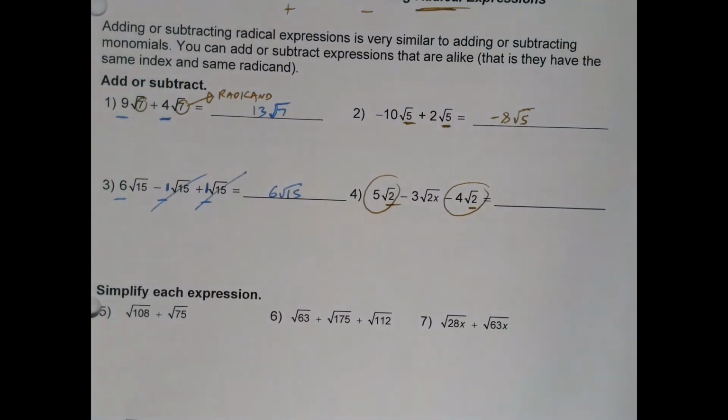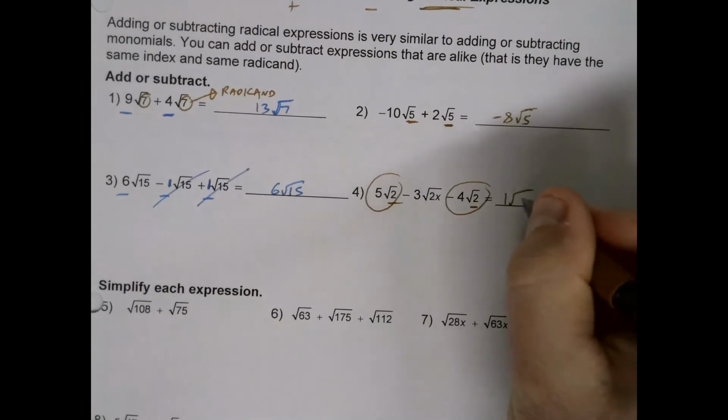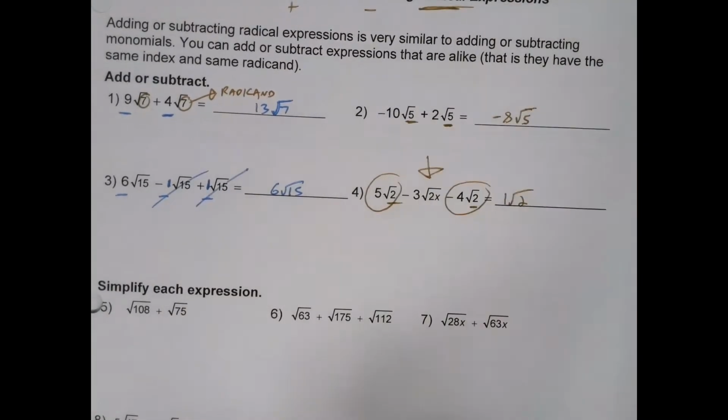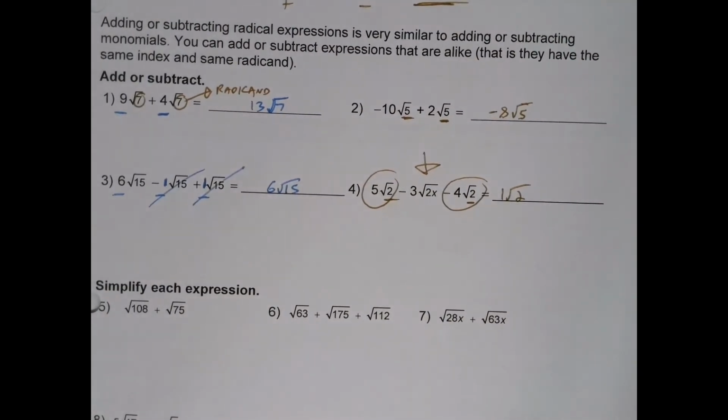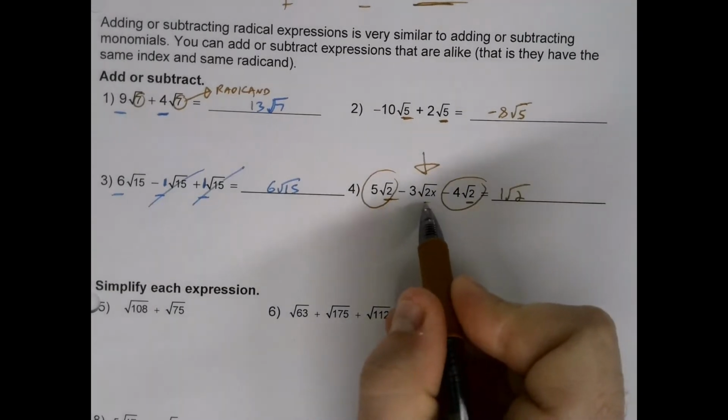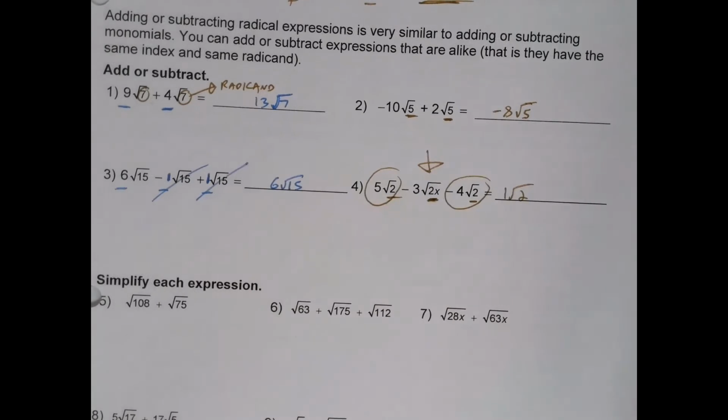So how many root 2s do I have? What's 5 minus 4? So I got 1 root 2. This thing, you just tack on at the end, because you see how the radicand is not the exact same as those. Even though there's a 2 in there, the whole thing has to be the exact same in order for you to subtract the numbers out front.